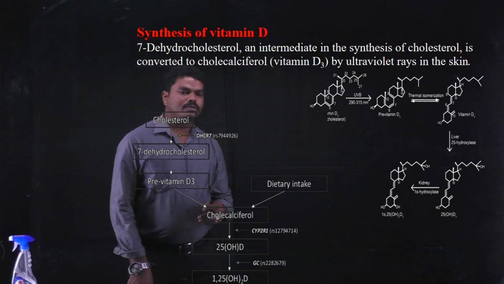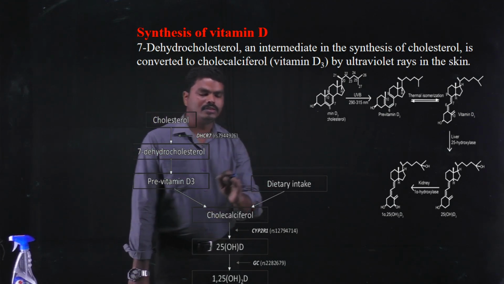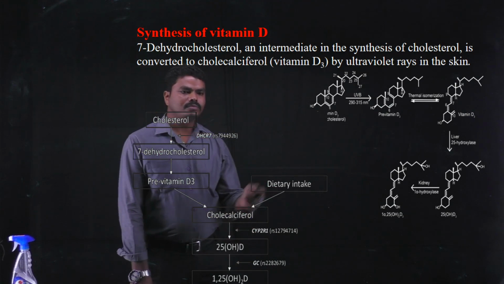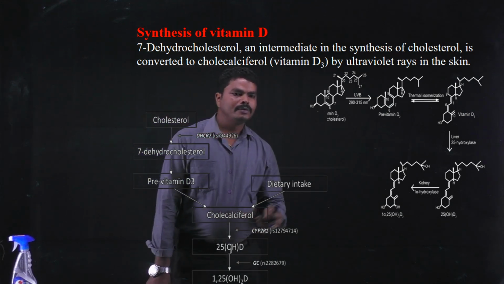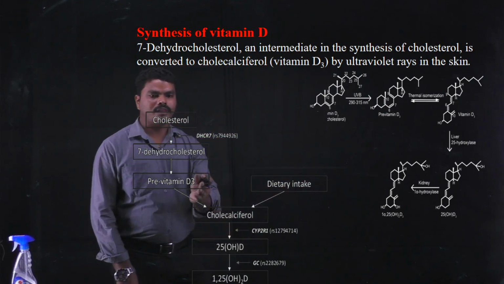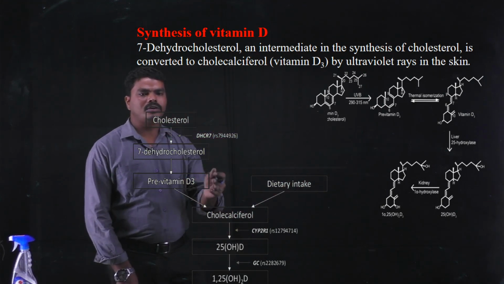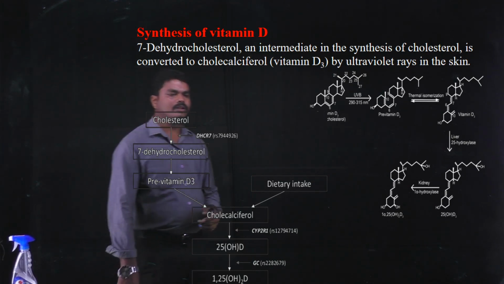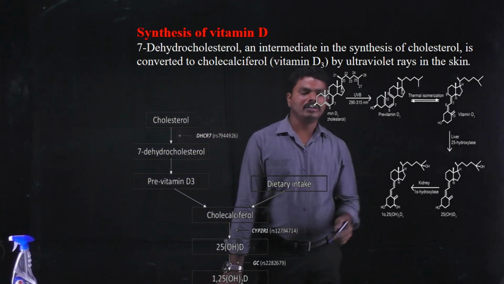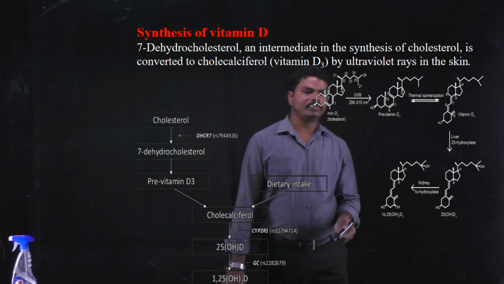This vitamin D3 may be subjected to further modification by enzymes, thereby forming hydroxycholecalciferol or 1,25-dihydroxycholecalciferol. So the vitamin D3 is also subjected to hydroxylation, and thereby it is able to form hydroxy vitamin D3 or dihydroxy vitamin D3.